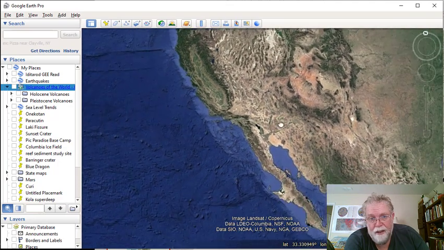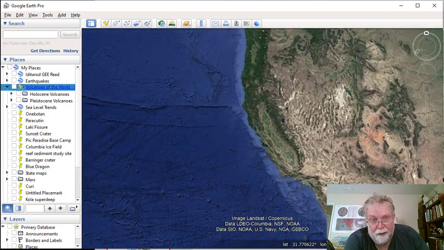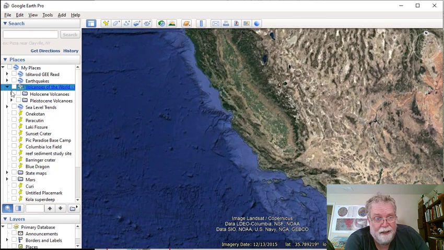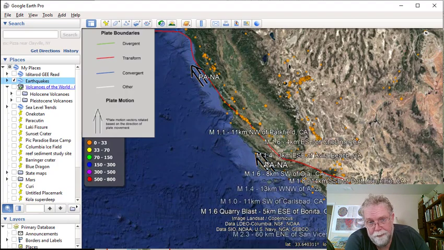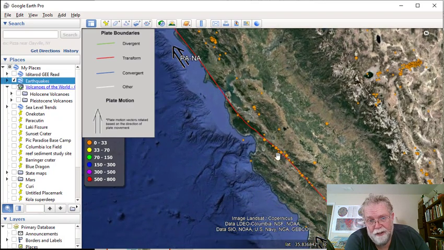So once again, here's the Gulf of California, and that divergent boundary is coming up in here, and then let's kick in some earthquakes and see, look at that, right? So you can see the plate boundary, and then you can see all of these earthquakes. So look at it, just a lot, right?